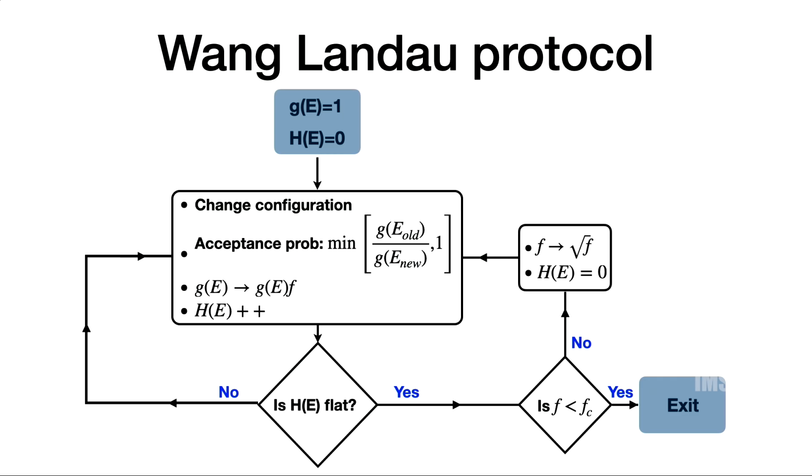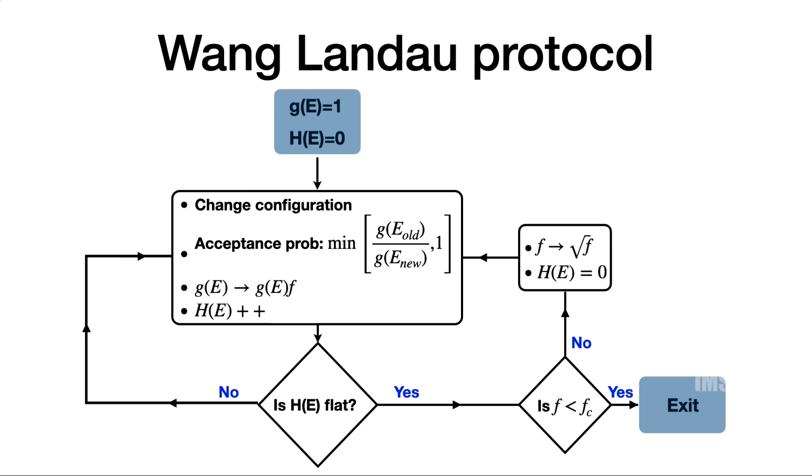Then when you come to the new configuration, you update the density of states of that configuration by a factor f, and you update the histogram there. So my system is evolving in time. I come to energy E old, then I go to E new. When I go to E new, G of E new is updated and H of E new is updated. The histogram you have to always update, and so is the density of states.